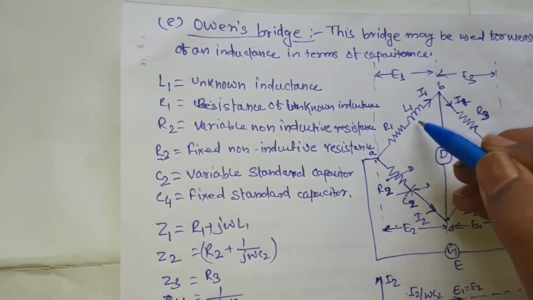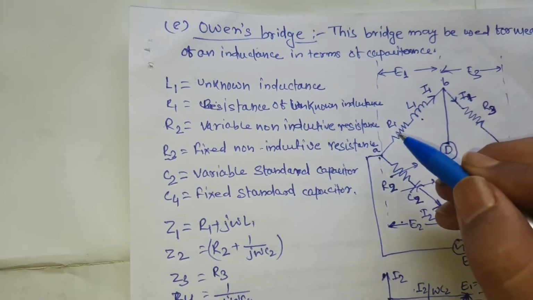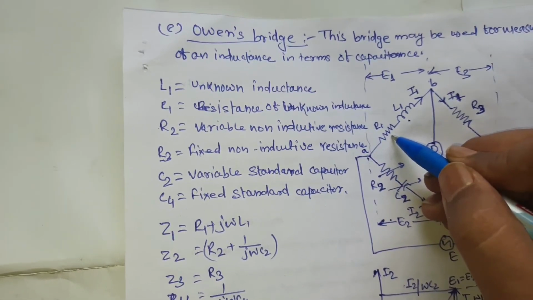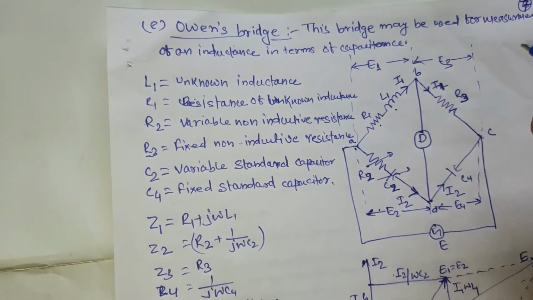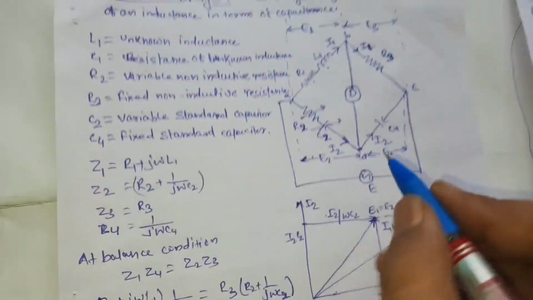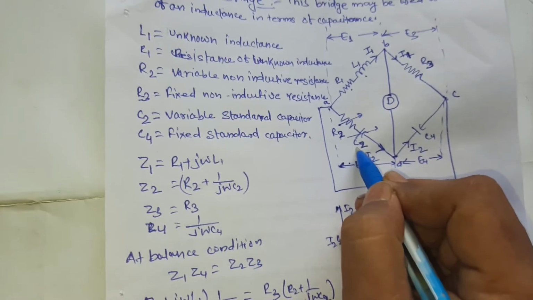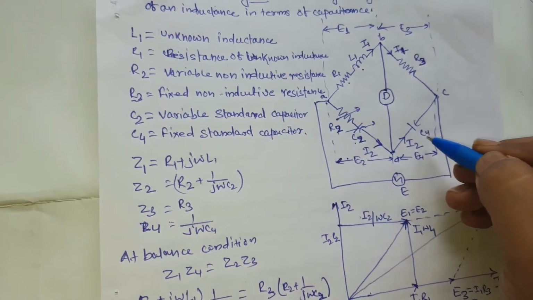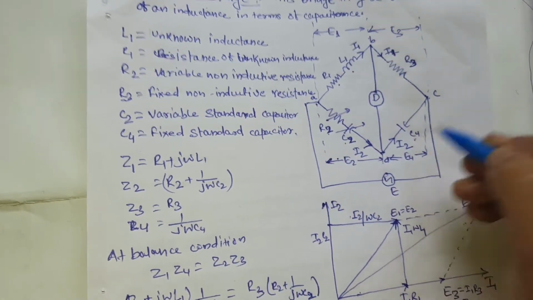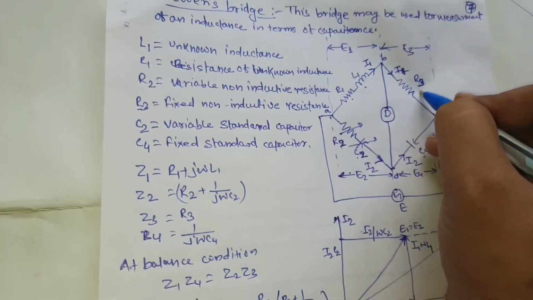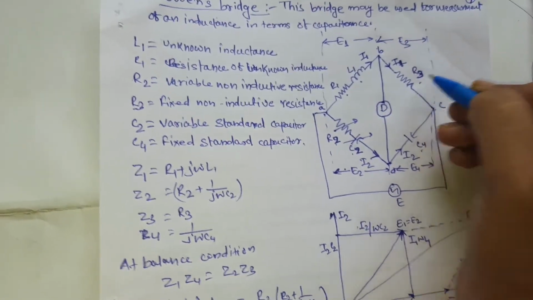Suppose L1 is the unknown inductance and R1 is the unknown resistance of inductor L1, and in branch 2 there is a variable resistance R2 and variable capacitance C2, and in branch 4 there is a fixed capacitor, and in branch 3 there is a fixed standard resistance.